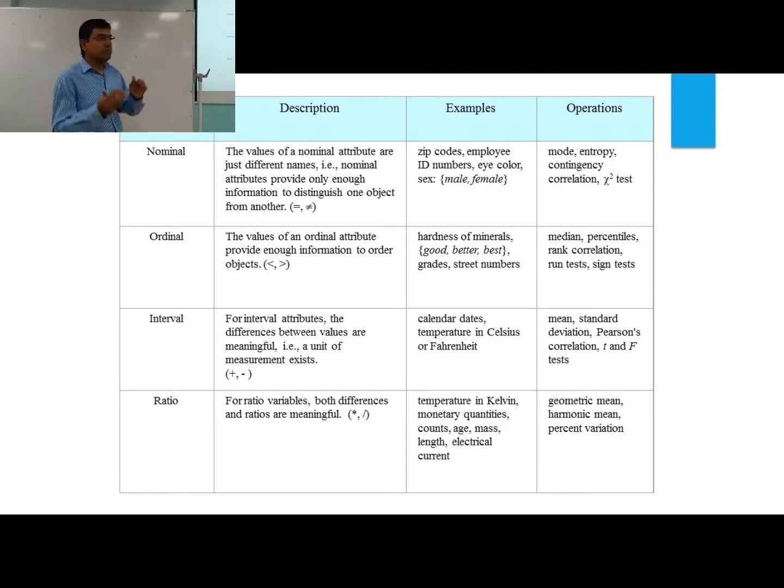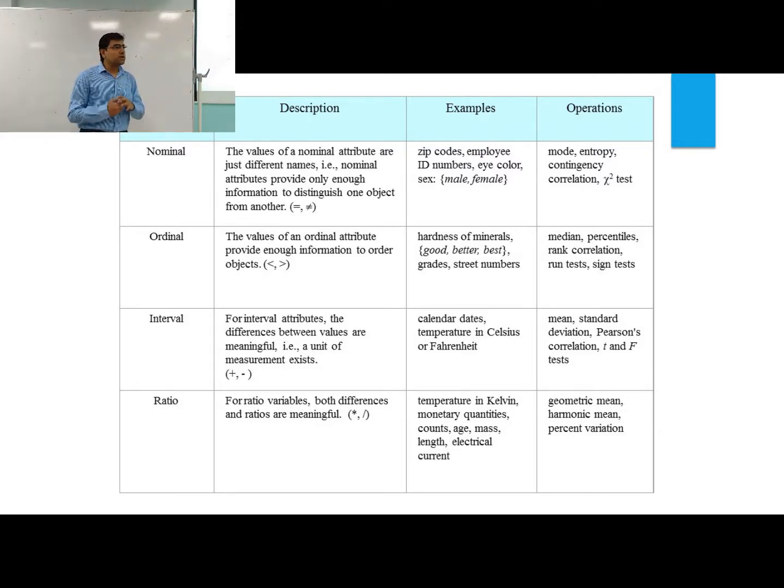Interval data describes values in between the interval. Suppose you perform the addition on one side of the interval, it jumps to the next one. Therefore, it is possible to perform the addition. Temperature is a good example for the interval. For ratio, the maximum types of operations can be performed. They describe numerical measurements, like length, width.